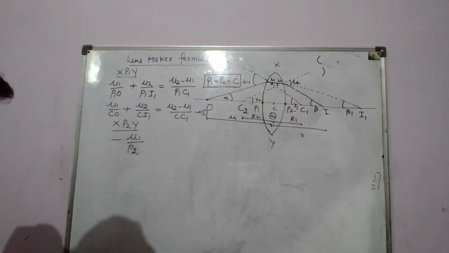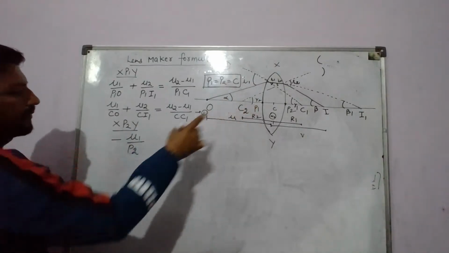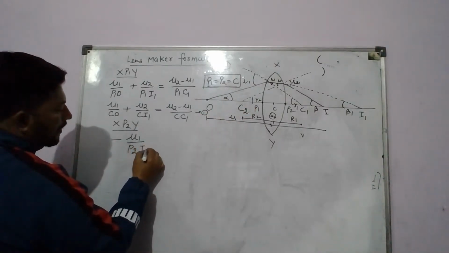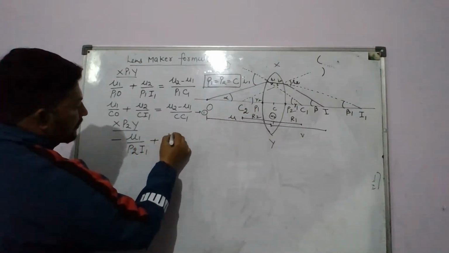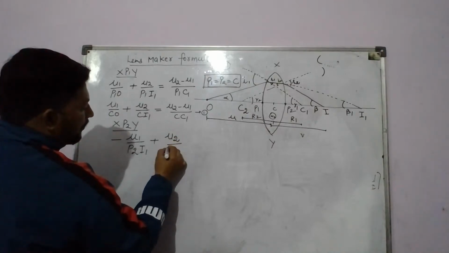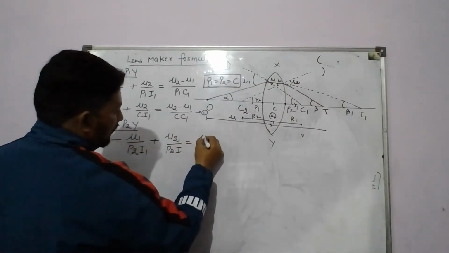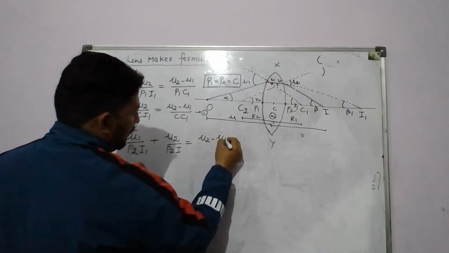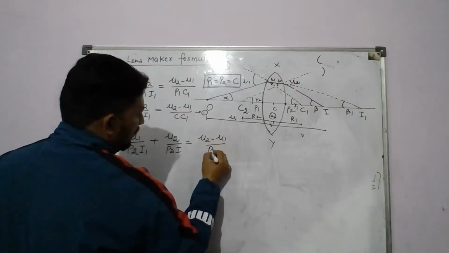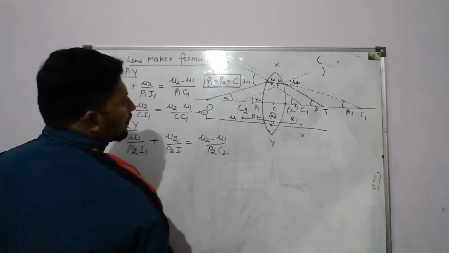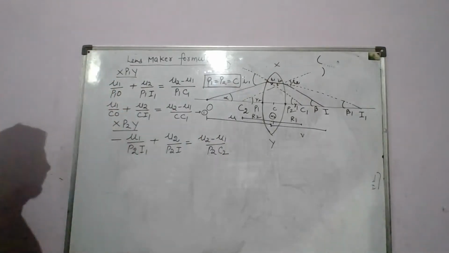First of all you write the object I1, and then plus mu2 upon P2I is equal to mu2 minus mu1 upon P2C2, center of curvature.